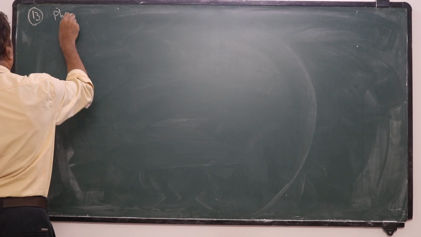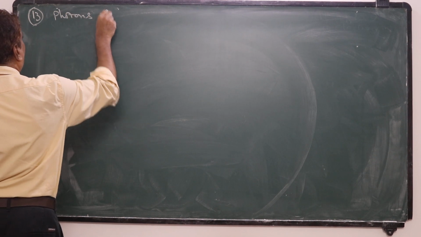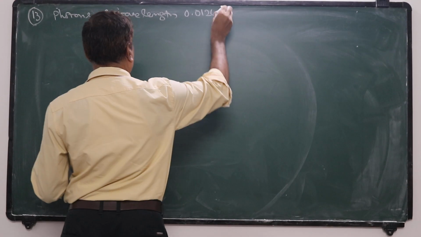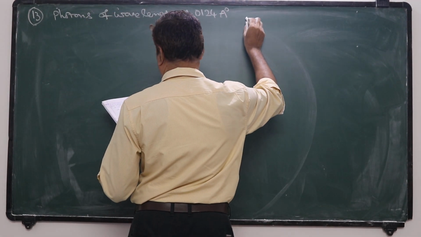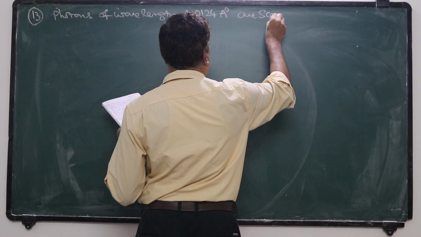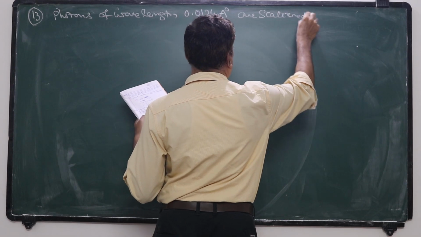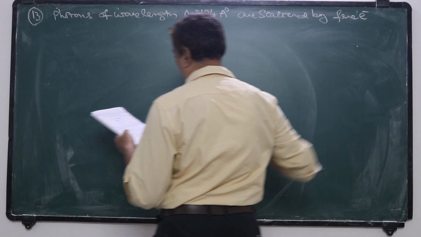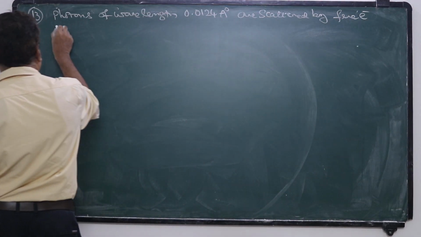Now the twelfth one. Photons of wavelength 0.0124 Armstrong are scattered by free electrons at an angle of 90 degrees.